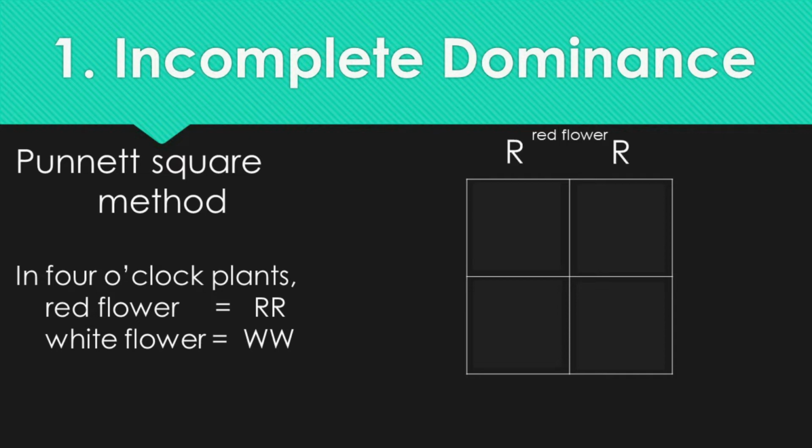And on the other side of the square, we will put the genotype of the other parent, which is the white-flowered 4 o'clock plant, one gene for each gamete or sex cell. Inside the first square, we will combine the genes from the two parents to form RW, R from one parent and W from the other parent. And what do you think is the genotype of the fourth possible offspring? The answer is RW.